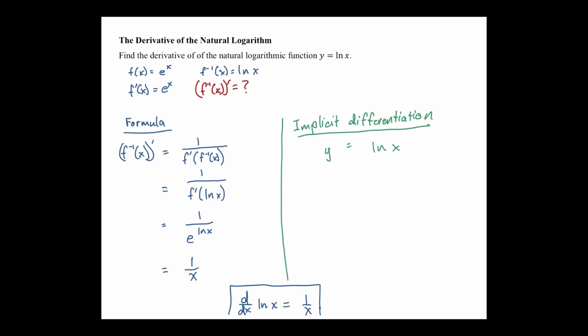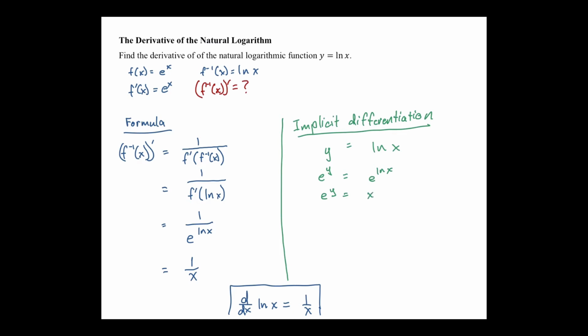And then, well, we don't know how to take the derivative of ln x, so we could change it to its exponential form, where you just exponentiate both sides, applying e to this side, and then we have e to the ln of x here. So this is e to the y, and then this is just going to be x.